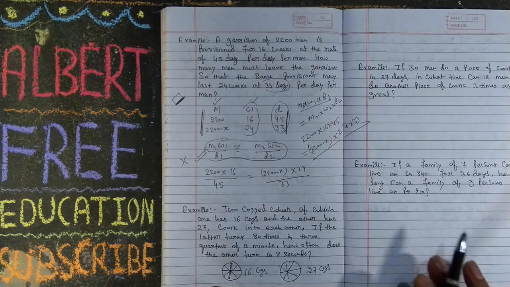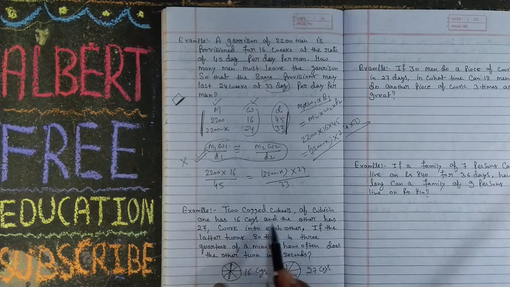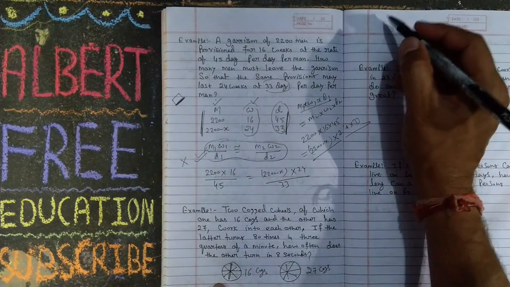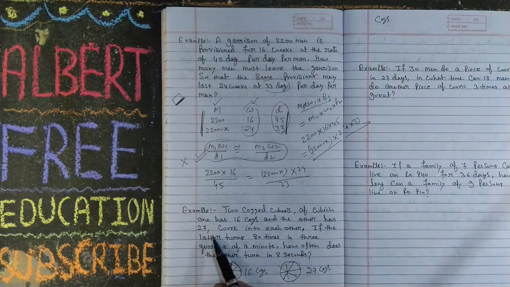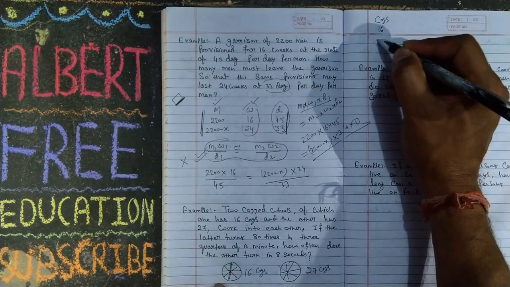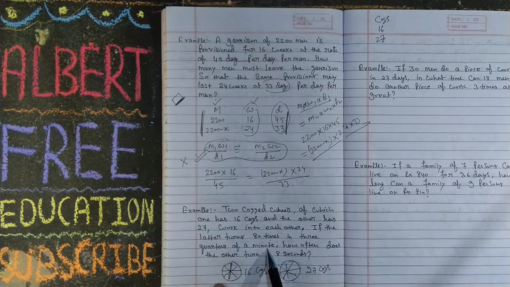He is asking a very good question. You have wheels with 16 cogs and 27 cogs. 3/4 of a minute means 45 seconds.